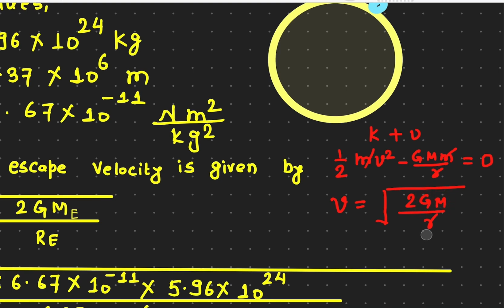I write the capital R here because we are doing the calculation from the Earth's surface. That is R. G is the universal gravitational constant, M is the mass of the Earth, and R is the radius of the Earth. Okay, so that is the escape velocity equation.